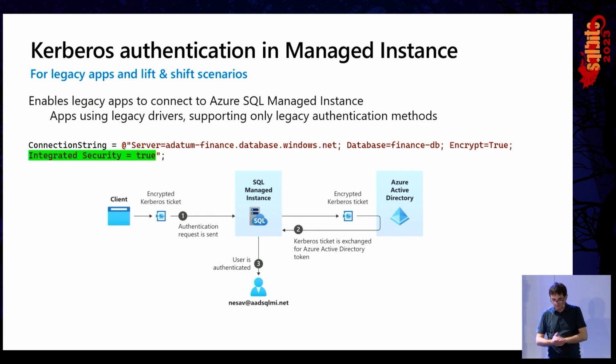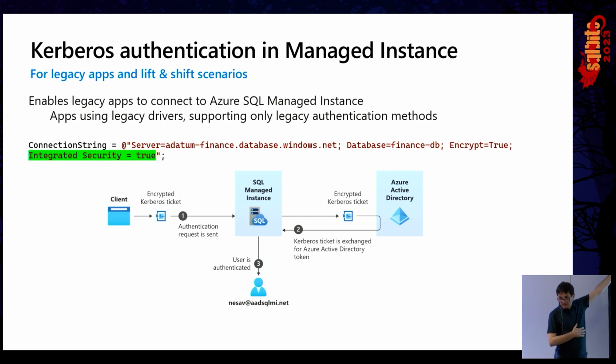Maybe they are written by third parties. They cannot modify the connection string, and they definitely cannot replace the client driver in those apps, right? And they would love to move the database that this application uses to managed instance, okay?